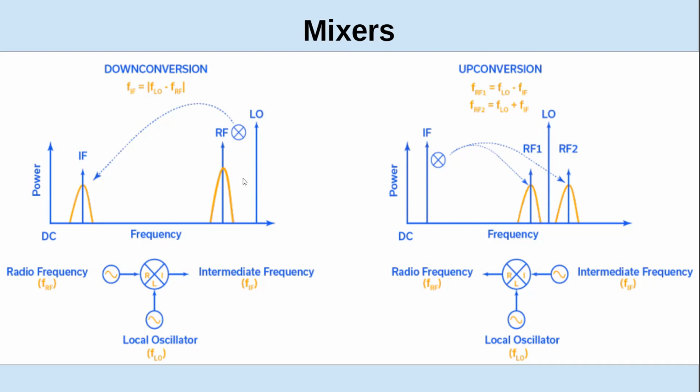Now, if this was broadcast AM, this would be at 455 kilohertz normally in an AM radio. So the difference in frequency between these two is going to be 455.